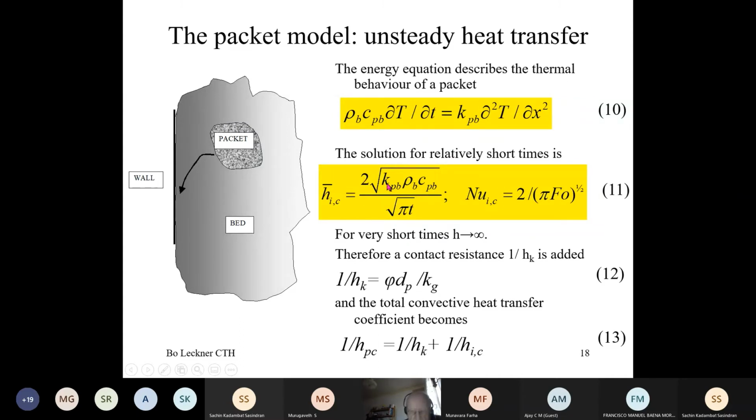It contains the heat transfer coefficient of the packet. Not easy to define, but this is what it is. And this is the density of the packet and the specific heat. And this is the time. This can be reformulated into a Nusselt number and another dimensionless number, which is called the Fourier number, which is the dimensionless time. It's just a reformulation of this equation.